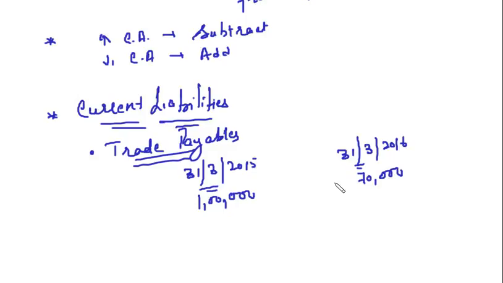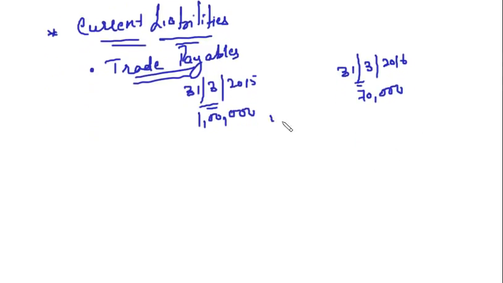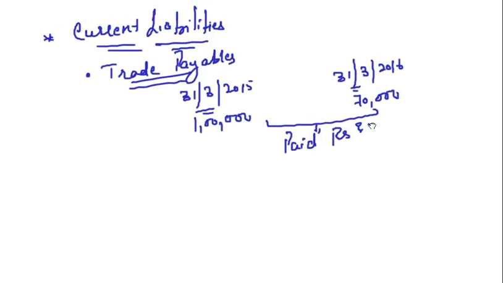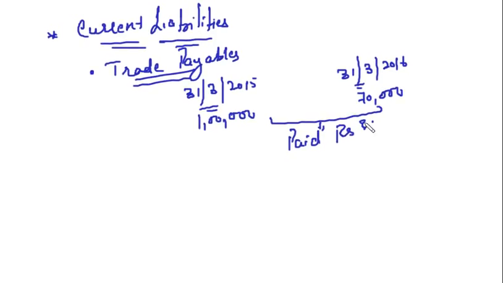That means you have paid rupees 80,000. That means this is a cash outflow.